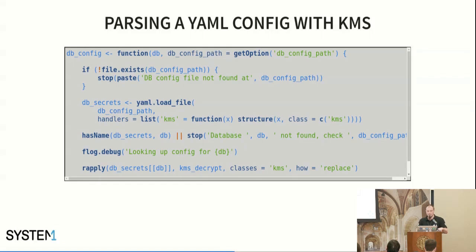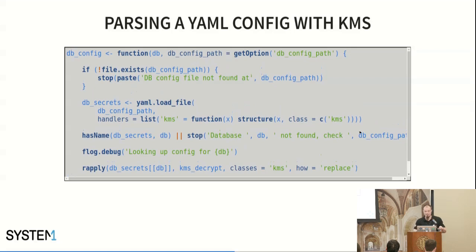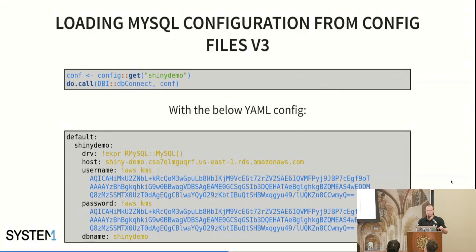So I wrote some small helpers for that, like this dbconfig function, which will not only parse the YAML file, but it will also do KMS decrypt, which is part of the botor package, on those strings which have the KMS class. So let me just go back here.